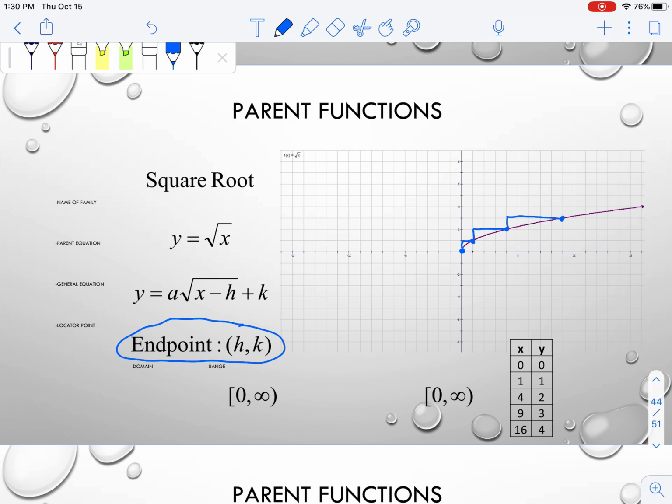It's just like our parabola, but it's on its side. So we can still use this idea as a shortcut, the 1, 3, 5, but we're going to go 1, 3, 5 horizontally.